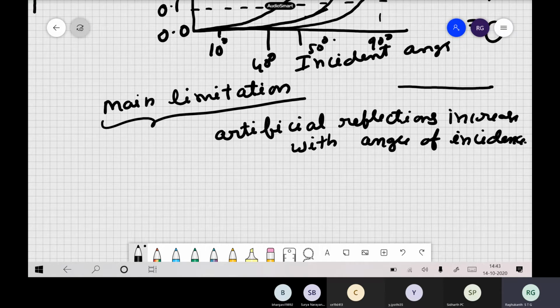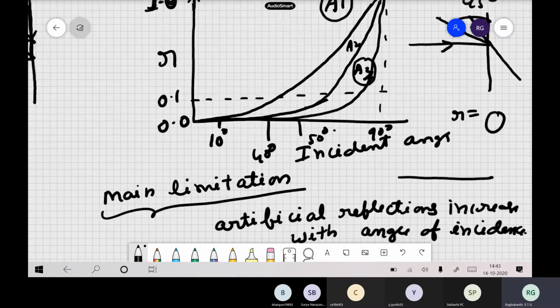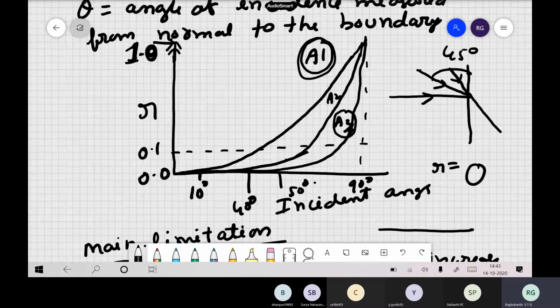Most of the finite difference codes, nobody uses the A1 boundary condition. This is just for illustration. Many finite difference codes use the A2 or A3 boundary condition, which of course is much better than A1.